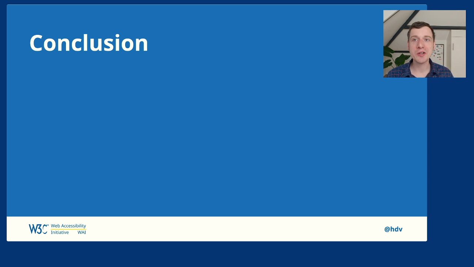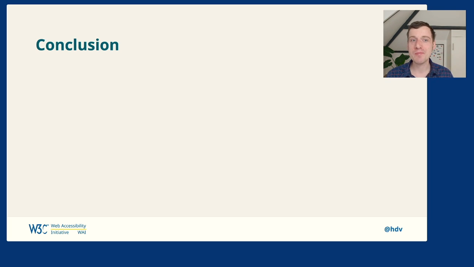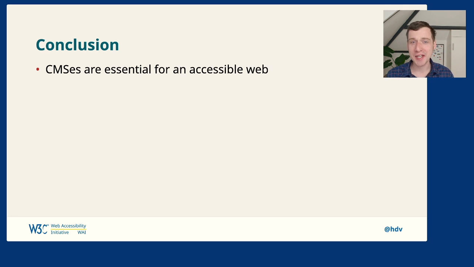Now, going to conclusions, what I wanted to share with you today is very much that CMSs are essential for an accessible web. It won't surprise you as people who work on CMSs and plugins and maybe themes even. But your work is very important for web accessibility. I hope this talk gave some more insights in more ways that it does.